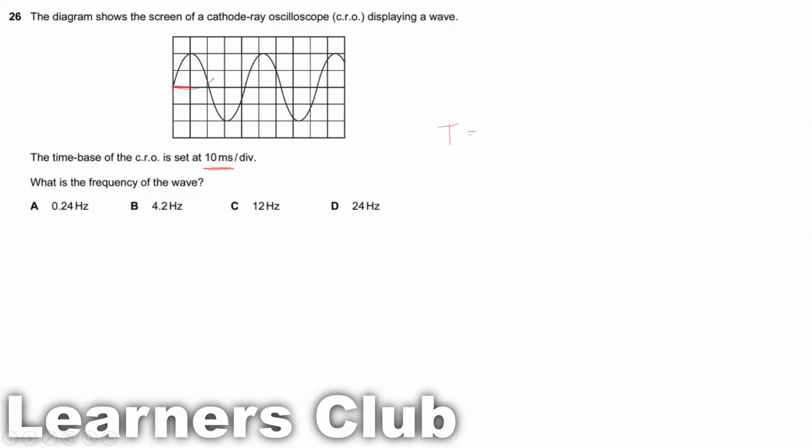So I have 4 plus a little bit more, I can say 4.25 divisions. Multiplying by 10, that gives me 42.5 milliseconds.